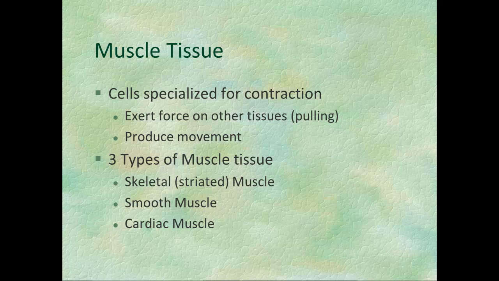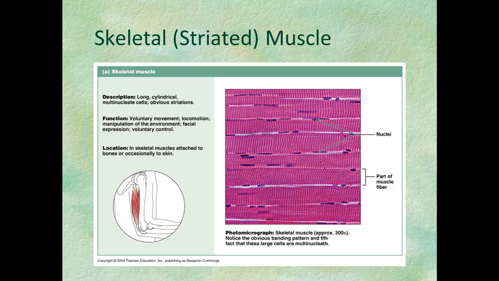The easiest way to think about this is your skeletal muscles pulling on bones, and they produce movement. There are three types of muscle tissue: skeletal, or sometimes referred to as striated muscle tissue, smooth muscle tissue, and cardiac muscle tissue. So let's look at each of those different types of tissue now.